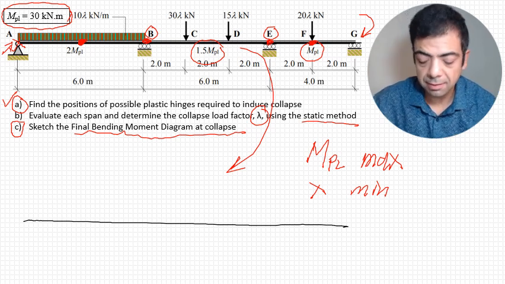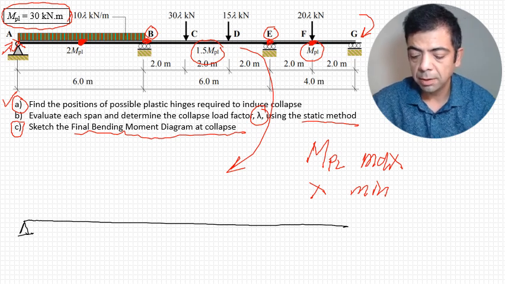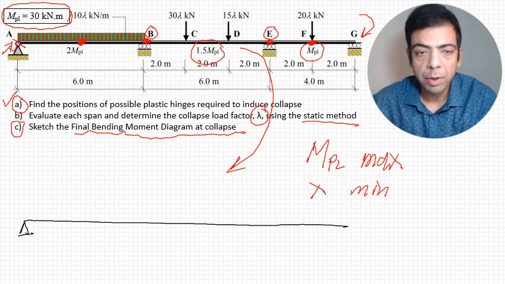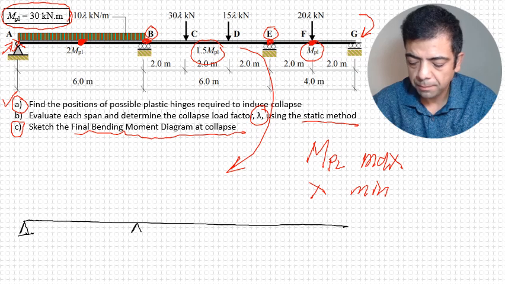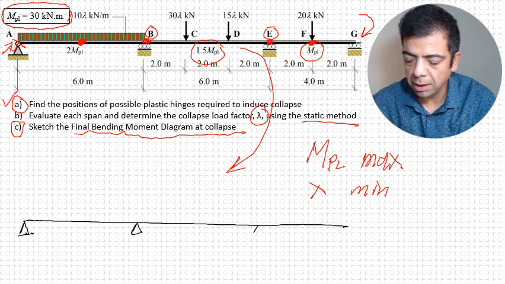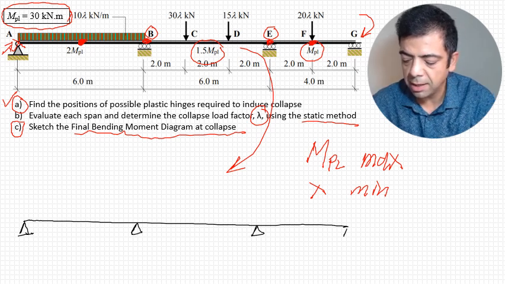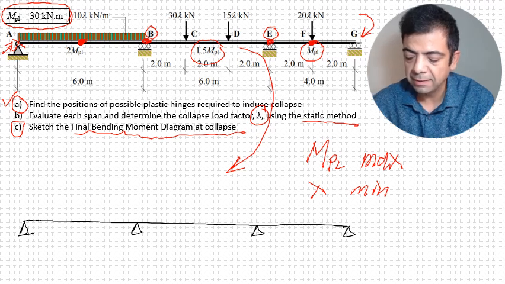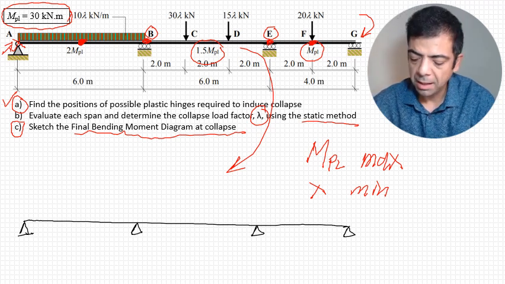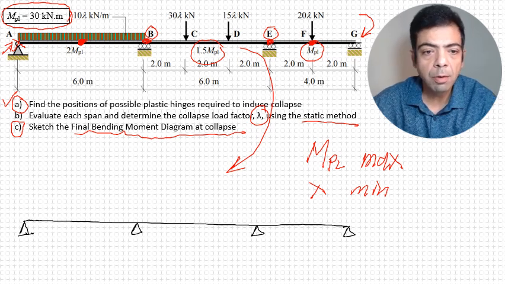Point A is a pin support, no problem there. Point B is continuous, point E is continuous, and the end G is pin. What is going to be the bending moment at B?